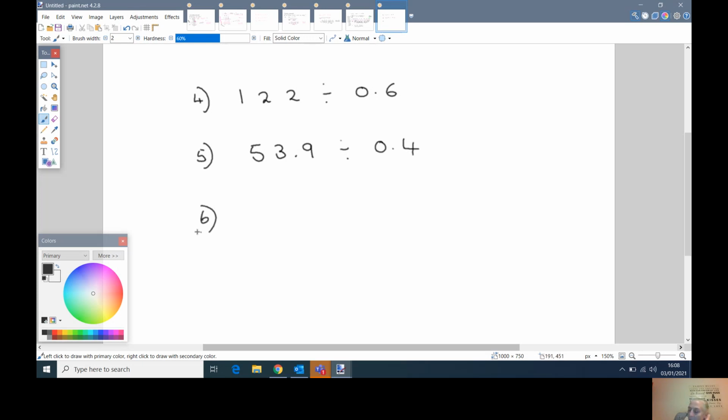And number 6, what about this one? 227.4 divided by 0.11. Once again, these will be interactive on the video, so hopefully you get them all correct.